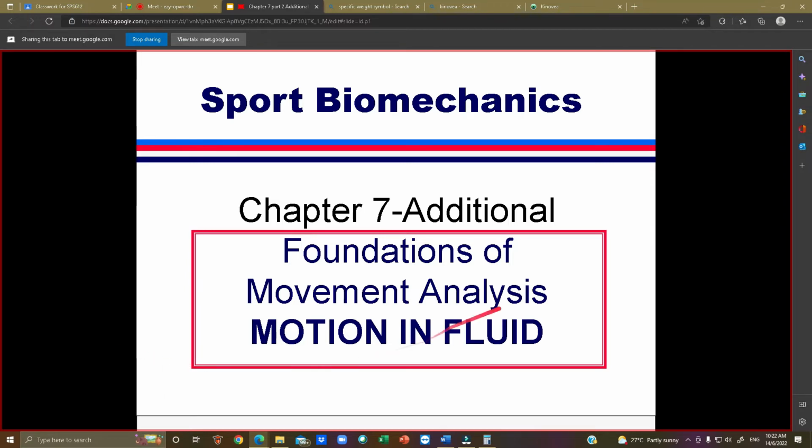So when we talk about fluid here, we on Earth are actually in a fluid condition, because fluid can be divided into two.